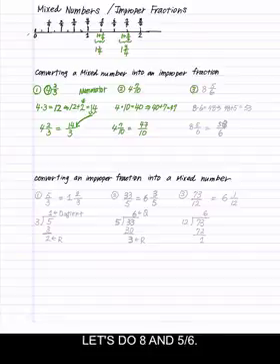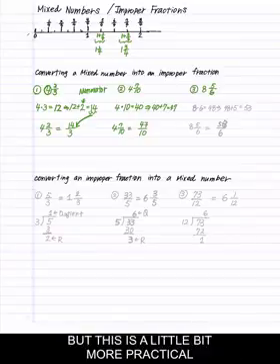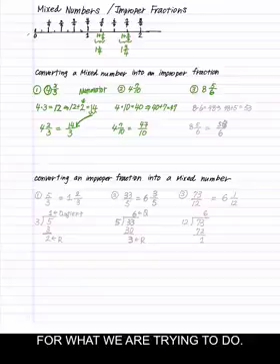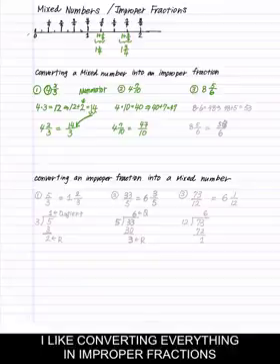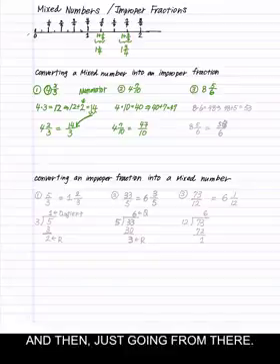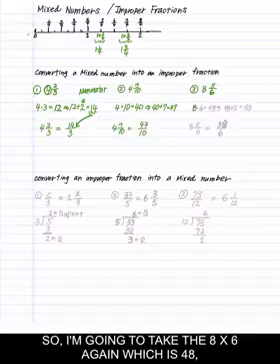Let's do 8 and 5/6. Now normally I don't like showing shortcuts like this, but this is a little bit more practical for what we're trying to do. If we run into a mixed number, I like converting everything into improper fractions and then just going from there. So I'm going to take the 8 times 6 again, which is 48.